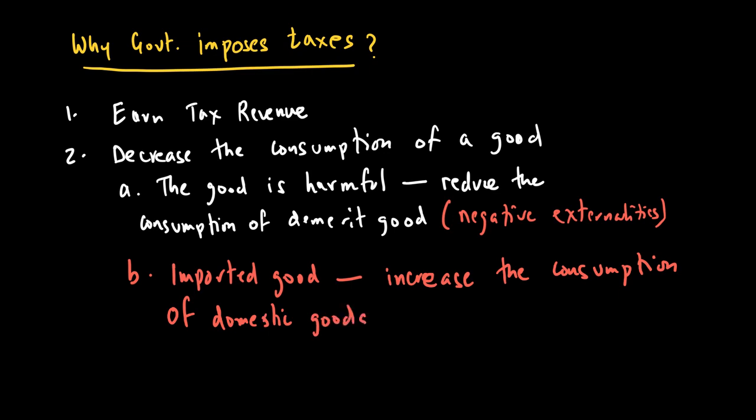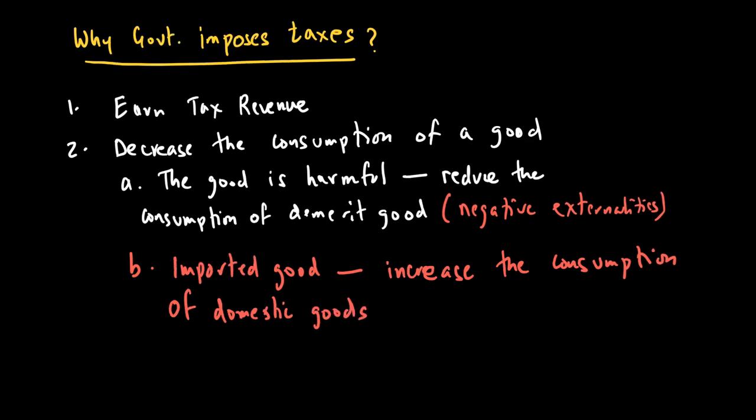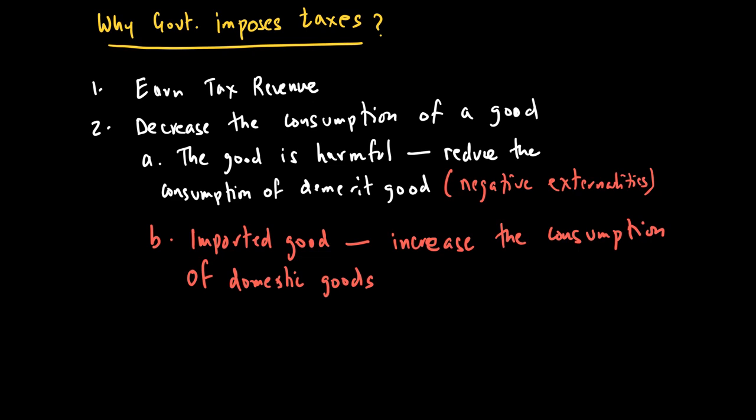And this may be important for increasing employment in the domestic sector. Let's say we are suffering from unemployment, or because of imported goods we are suffering from current account deficits or other international trade issues, and we may want to put taxes which are called tariffs so that we could reduce the problem of too much imports from abroad.